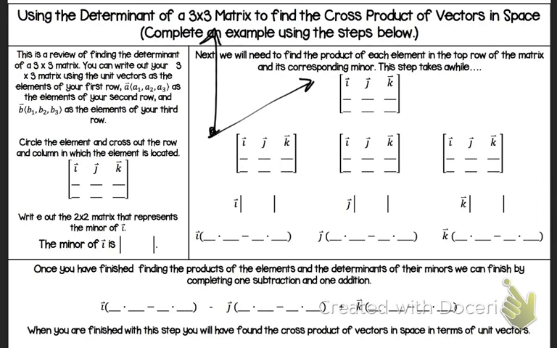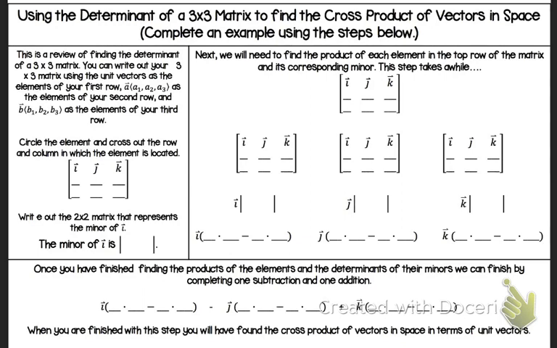So the cross product will give you another vector that is perpendicular to both of these. If these are in a flat plane, the other vector would be coming straight up out of that plane, or going behind, like that. So it would be perpendicular to both of those, meaning this is three-dimensional. It would be coming out of the plane formed by those two vectors.